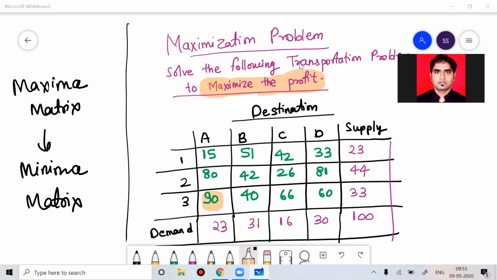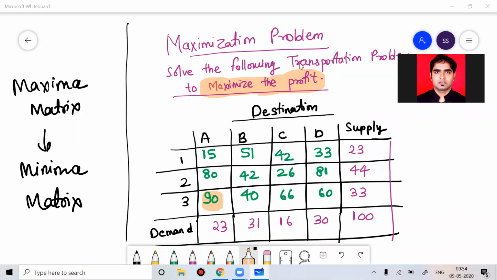So do 90 minus 15, 90 minus 51, 90 minus 42, 90 minus 33, 90 minus 80, 90 minus 42, 90 minus 26, 90 minus 81, 90 minus 90, 90 minus 40, 90 minus 66, 90 minus 60.